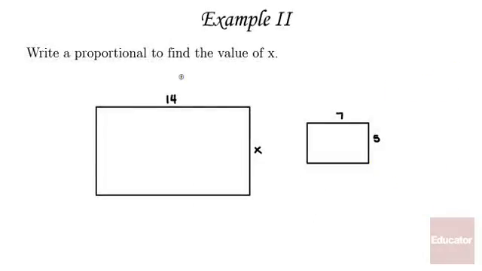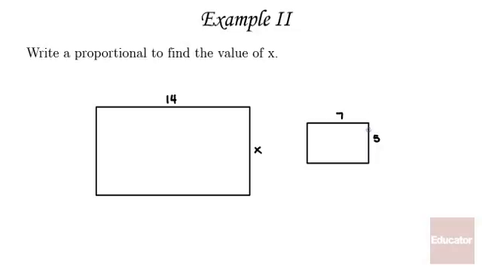Okay, same thing here. We're going to write a proportion to find the value of x. So here I can say this to this equal to this side to this side, right? Or if I want, I can start off with this rectangle first, as long as I stick to it for my second ratio.